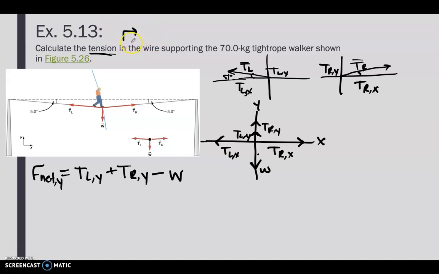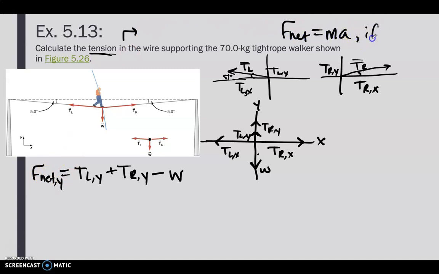So this is stationary. And so if there's no motion, if there's a constant velocity, or if there's no velocity, our acceleration is 0. Okay, so if this person is not moving, remember that F net is equal to ma.